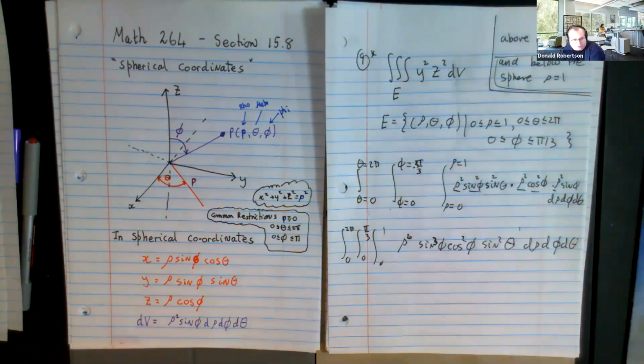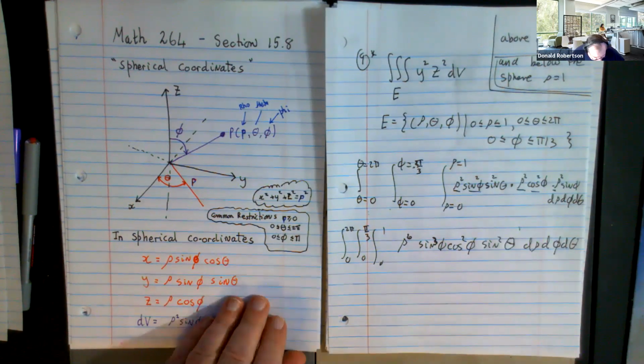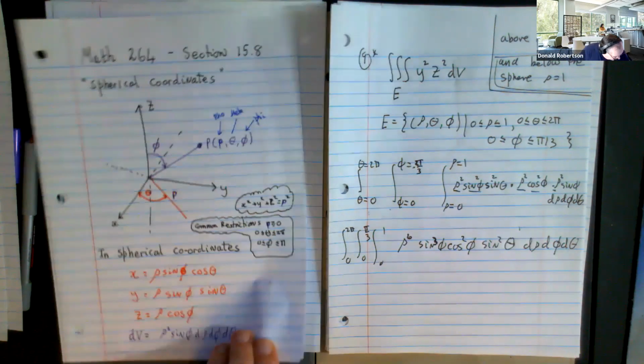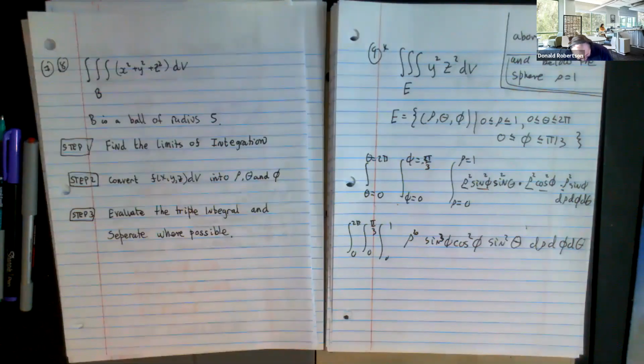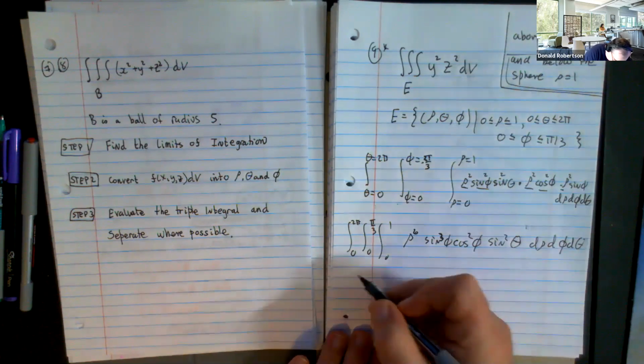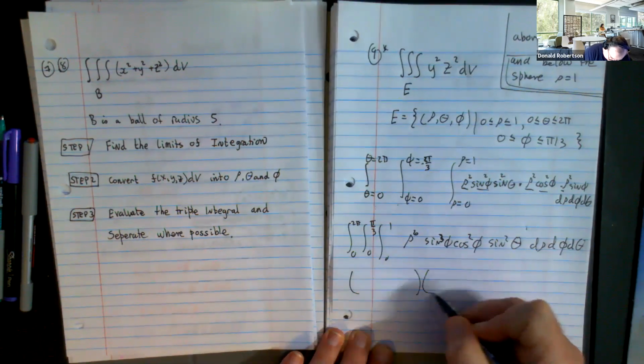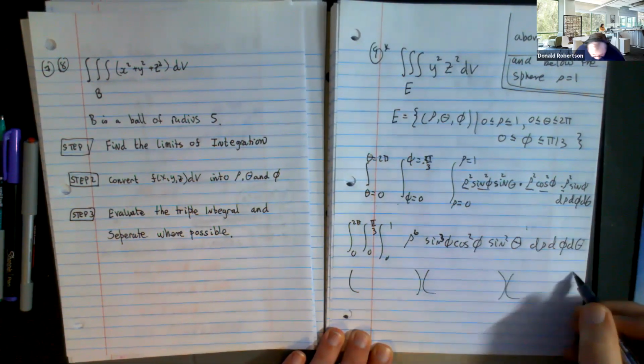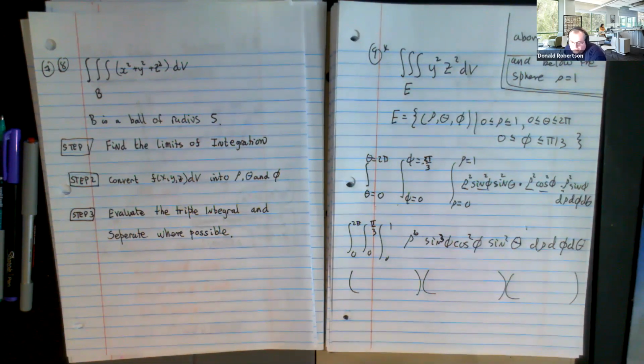Okay, is this variable separable? Can this be separated into 3 distinct integrals? Yeah. And the reason we can get away with that is everything's multiplied, right? Add and subtract tends to kill this process, but not this fella.